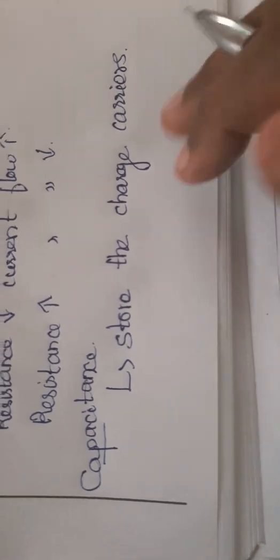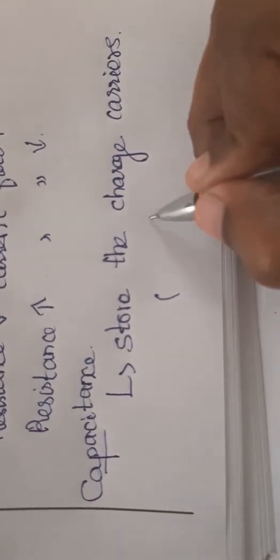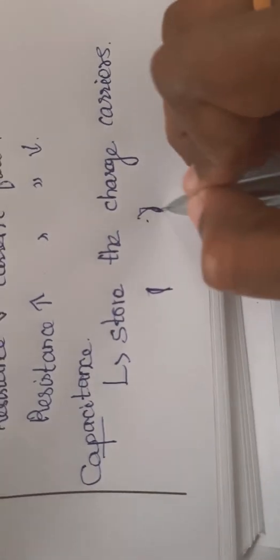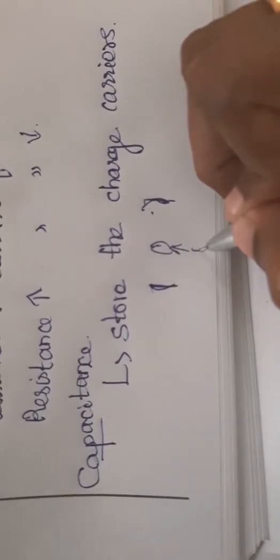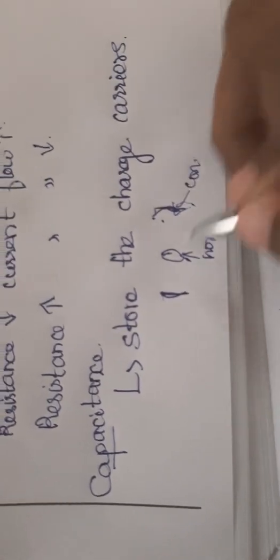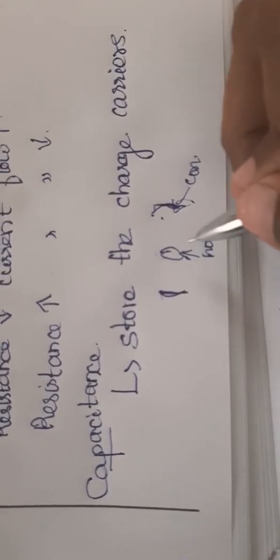If you see a capacitor, it has two conducting materials, two parallel plates. The center part has a non-conducting material, a dielectric material.